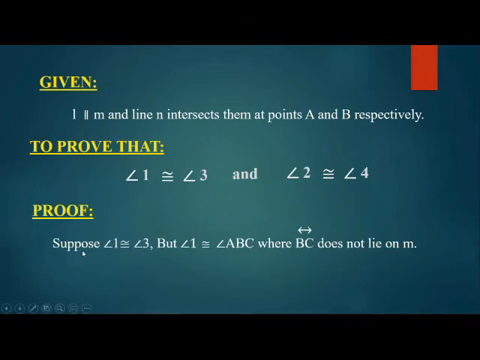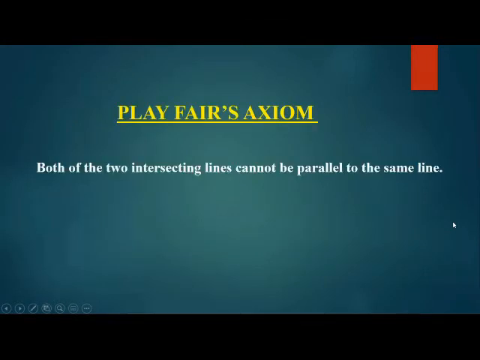Suppose angle 1 is congruent to angle 3, but angle 1 is congruent to angle ABC, where BC does not lie on M. By Playfair's axiom, what do we know? That two intersecting lines cannot be parallel to the same line.